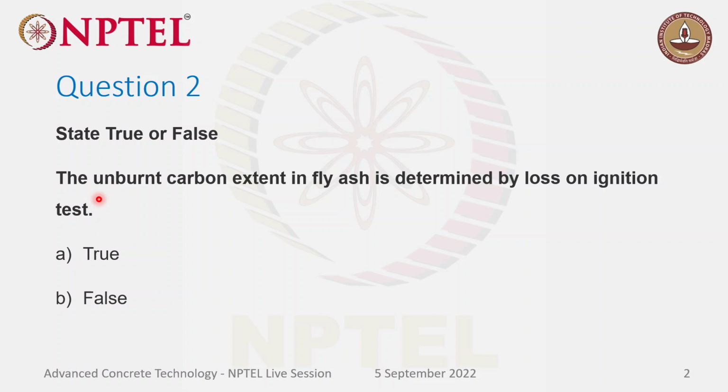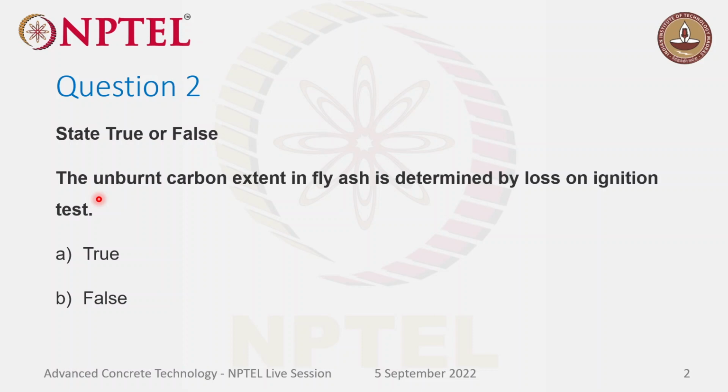Is it true? It's a very easy question. Either it's going to be true or false. Please give your answer. At least for this, everyone should give your answer. It's not confusing.